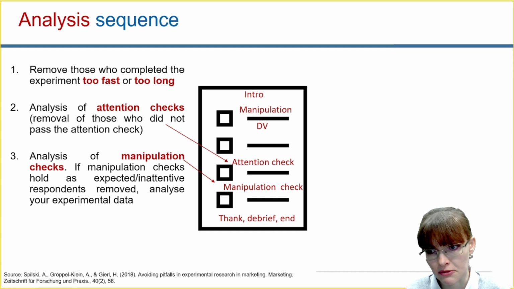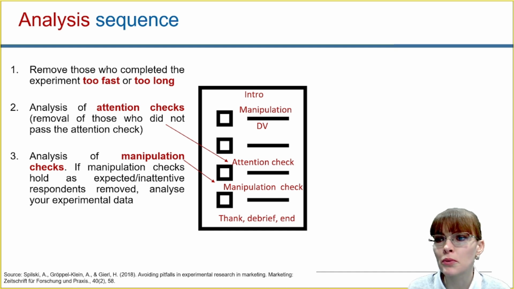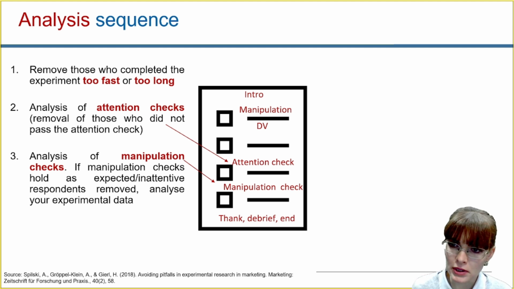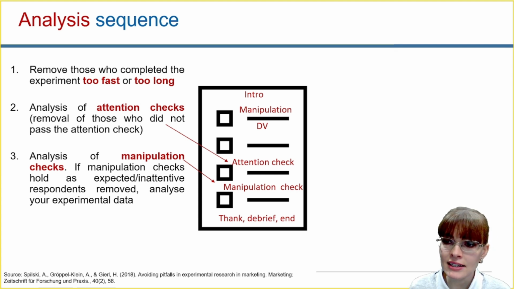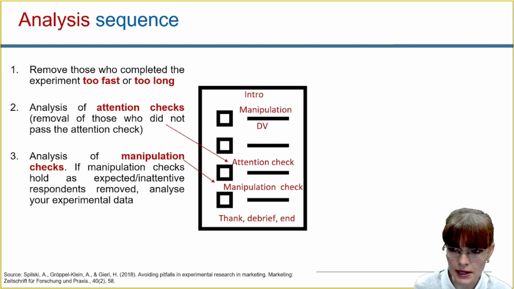My personal preference is to begin with the time-based completion quality checks. This is because I want to ensure that I retain only those participants who spend an appropriate amount of time on their experiment. And that aligns with the expected or required time of completion, because this can ensure that my manipulations were paid attention to, they were processed thoroughly and attentively, again in theory.